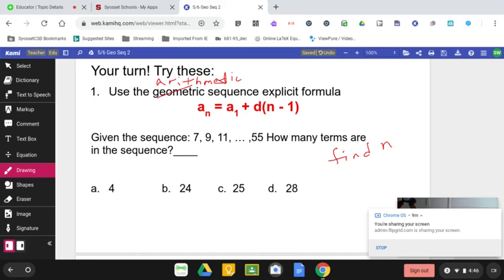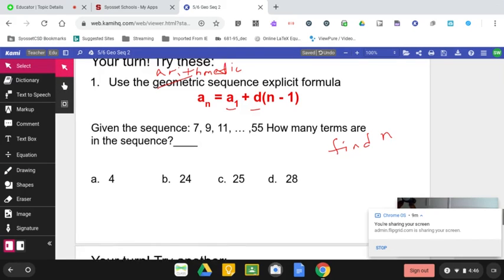You can use algebra, or I guess you can just count all the way up to 55 and see how many terms are in the sequence. Algebra would probably be the best way to do it. You know a1, you know d, you can find n.